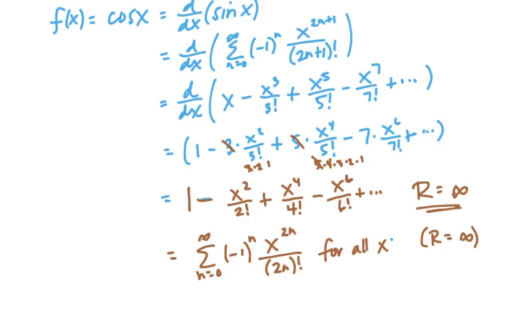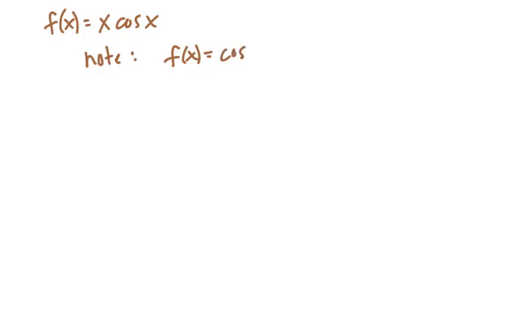Let's use that now, and the directions say find the Maclaurin series. F of x equals x cosine x. Now we just found the cosine of x. If f of x equals cosine of x, then it can be written as the series from n equals 0 to infinity of negative 1 to the n x to the 2n over 2n factorial.